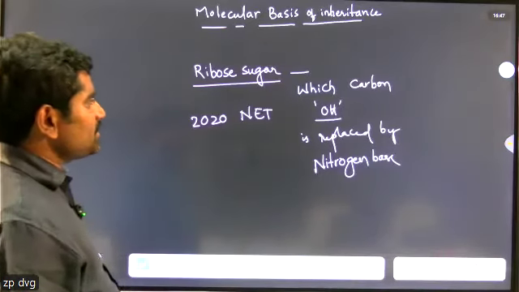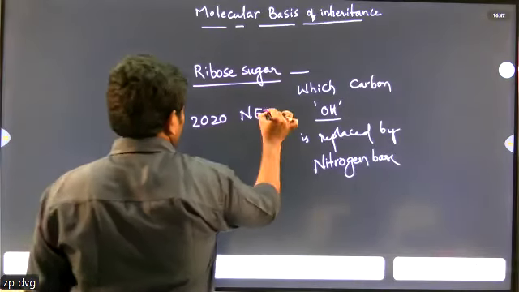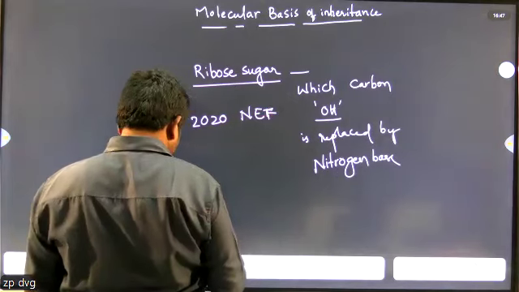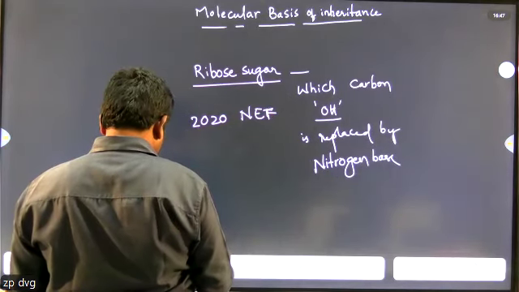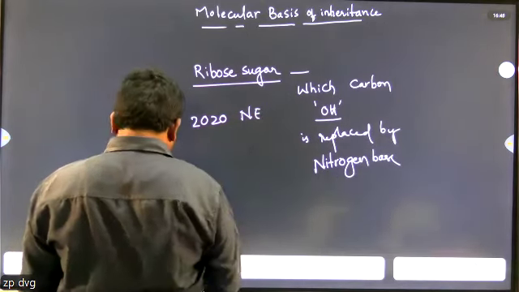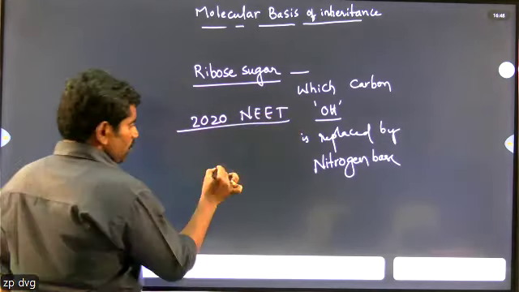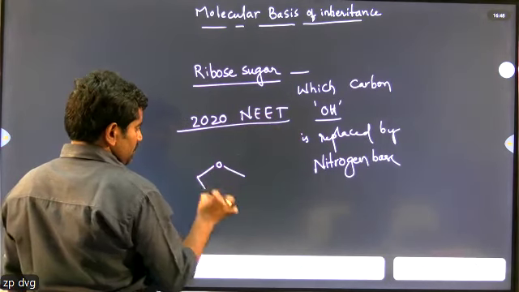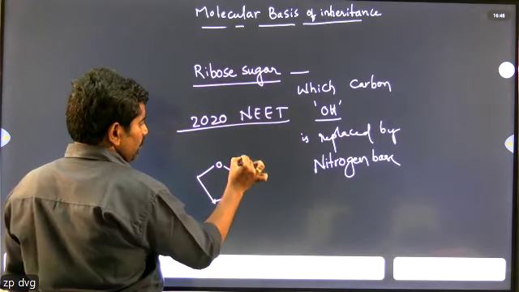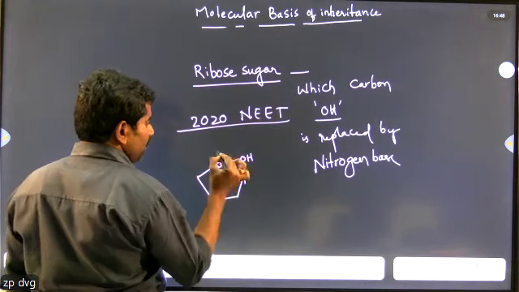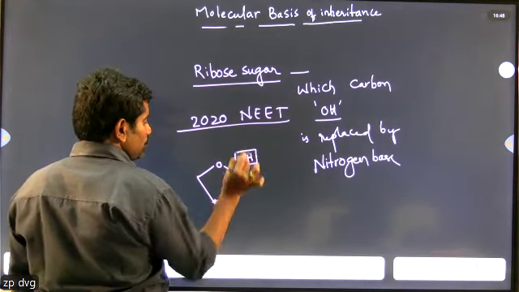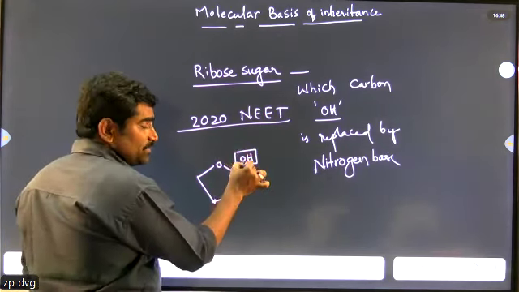This is the 2020 NEET question. Now we have seen already this is ribose sugar and the OH group is here. This is, as I told you, the first carbon. The base replaces this OH group. A nitrogen base will join in this place.